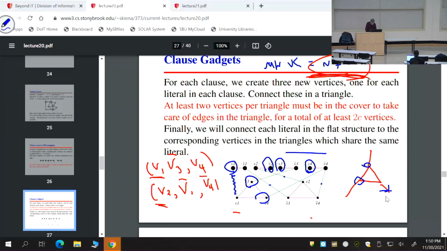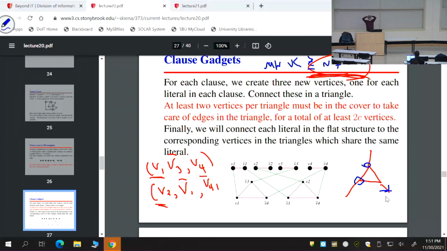If you have a satisfying truth assignment, it has the property that every clause will have at least one of its edges covered. And if there is no such satisfying truth assignment, then the minimum vertex cover is going to be greater than n plus 2c. You're going to have to use more vertices to cover the edges.